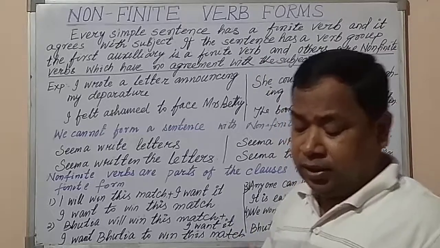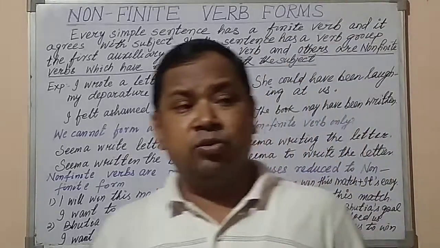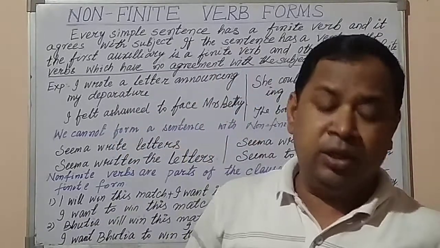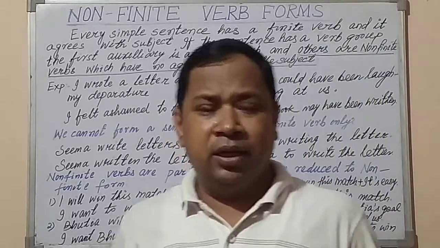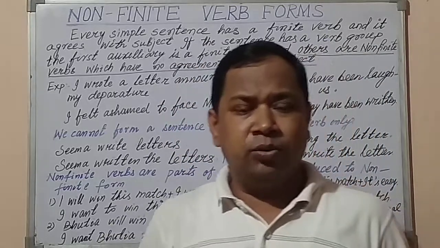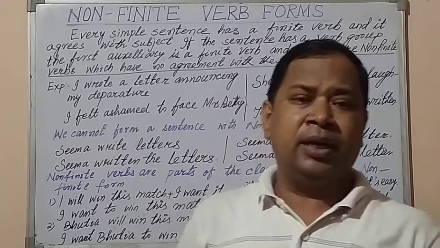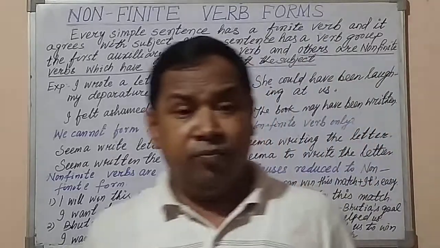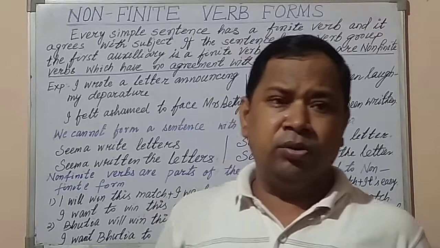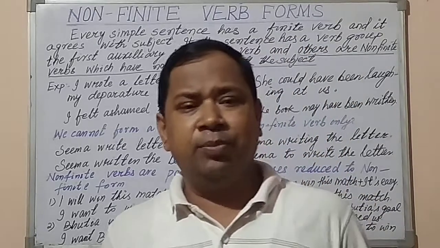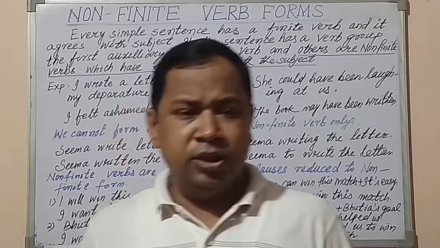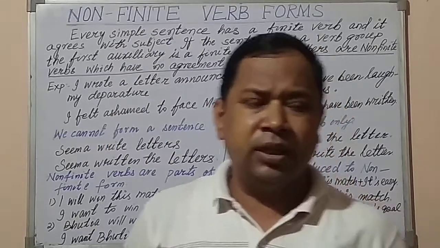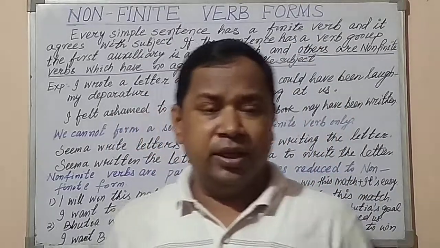In a simple sentence, we know that there are two types of verbs: one is the auxiliary verb and another is the main verb. The main verb is the full verb and it is helped by others, known as auxiliaries.